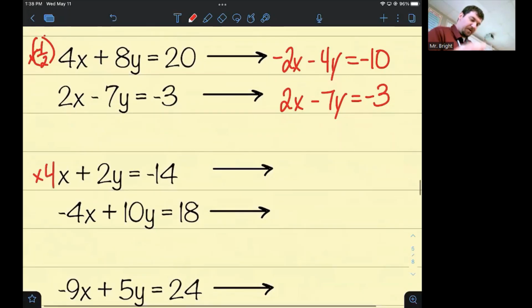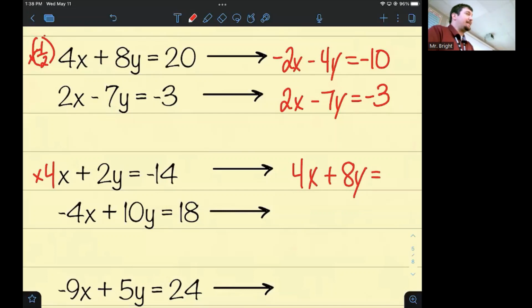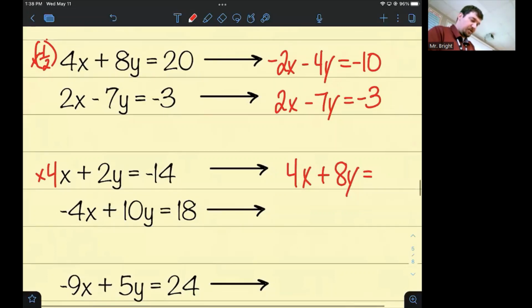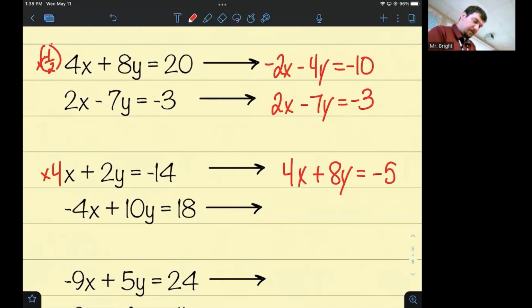That's going to give us 4x plus 8y equals 56. Okay, so -56. And then -4x plus 10y equals 18. I'm not actually doing anything to the bottom equation at all.